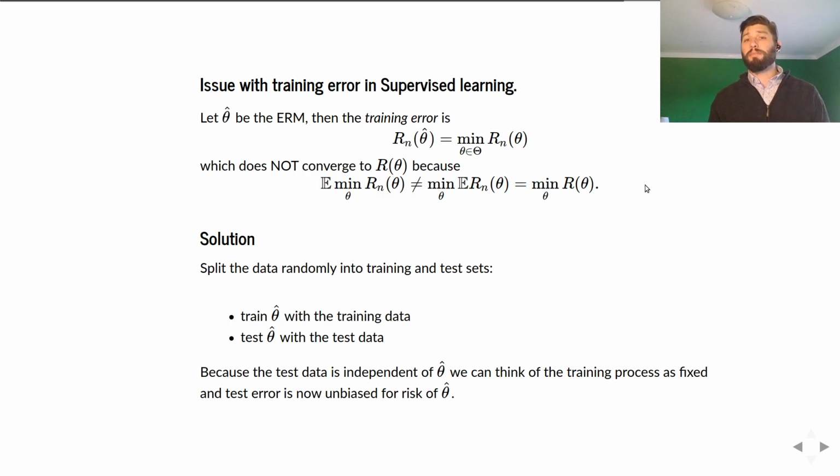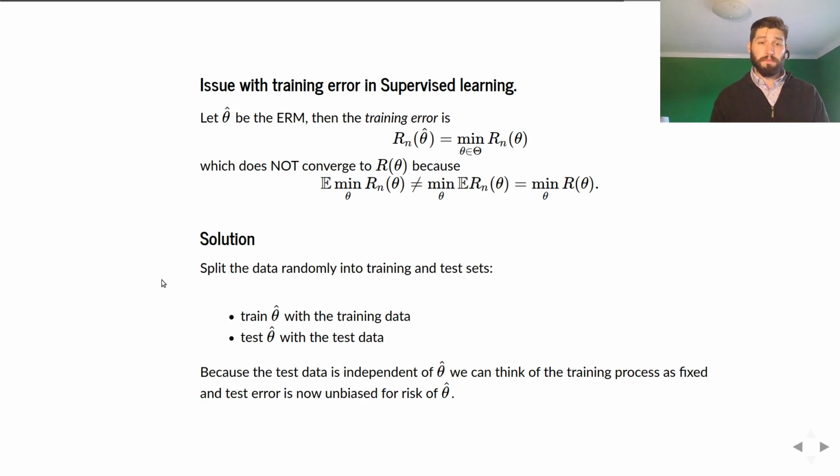And this sort of makes sense. If you're using the training data to select your parameters, then you're not necessarily going to have that your empirical risk, the training error, is unbiased. It's going to be typically biased downwards.